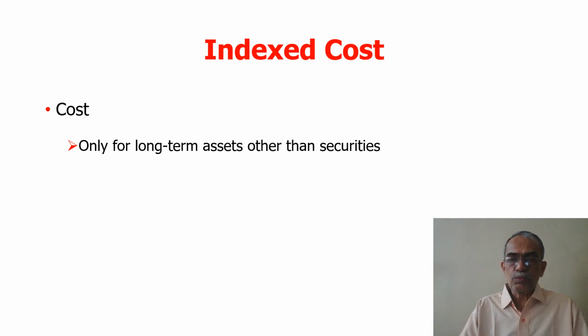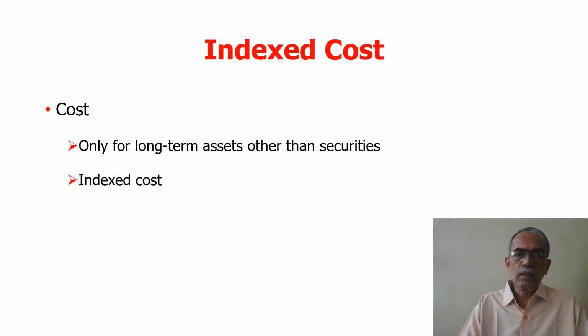And again, this would not be applicable to the sale of securities, other than securities, like land, building, jewelry, any other asset. Now, indexed cost is actually based on the cost of inflation index declared by the government.